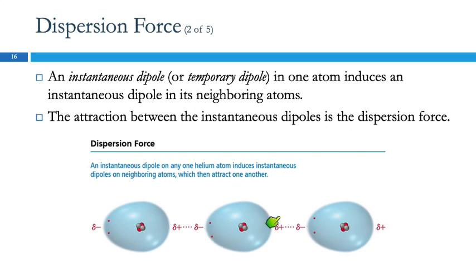And then that one's going to have an effect on this one. And so this is why they're sometimes called induced dipoles, because one happens by chance, and then that causes dipoles in neighboring atoms. And then there is a force of attraction. This force of attraction between the separate atoms or molecules is the dispersion force. It's very weak. Any questions?